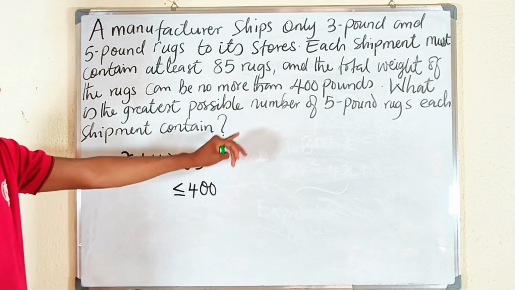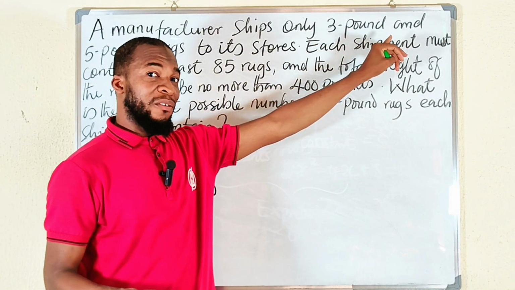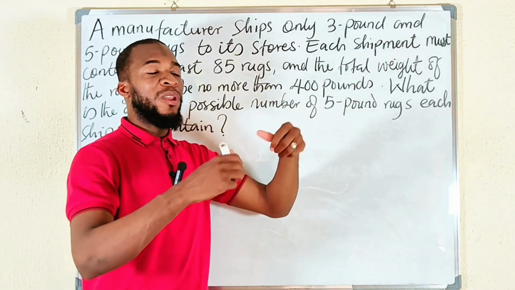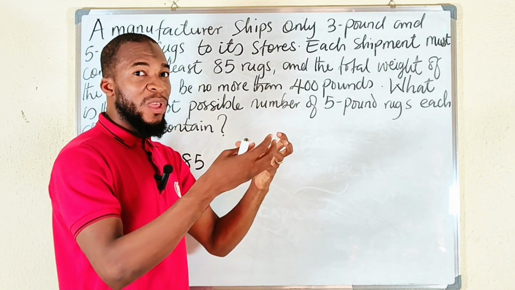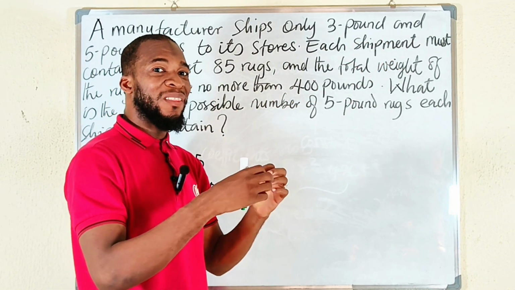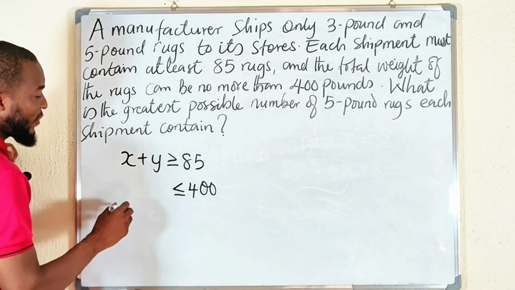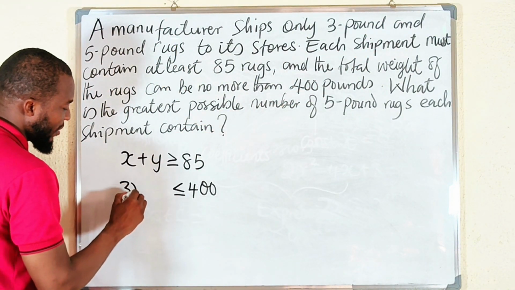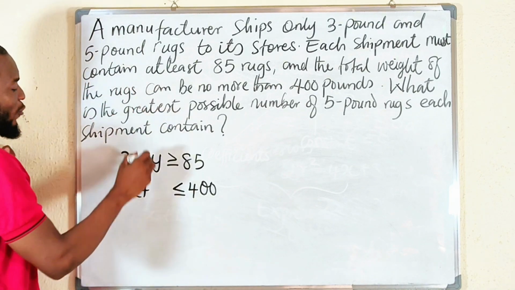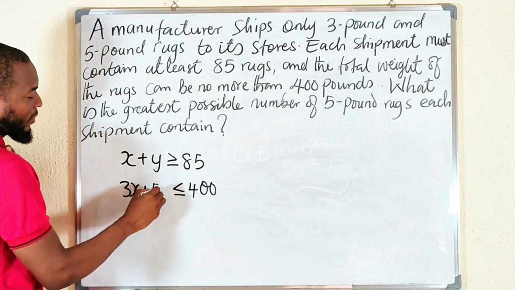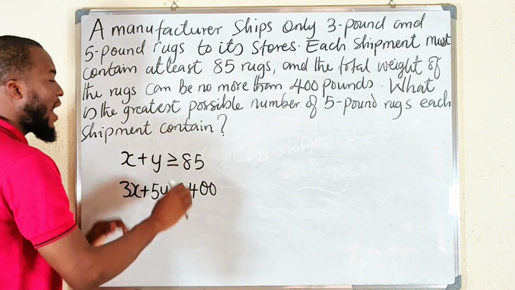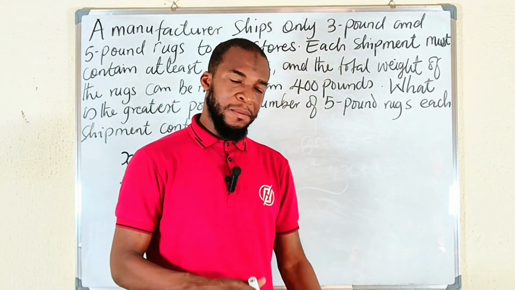The 3 pound rocks: the number of 3 pound rocks we have multiplied by 3 will determine the total weight of all these 3 pound rocks. So we take 3x here and 5y. So these are our constraints.